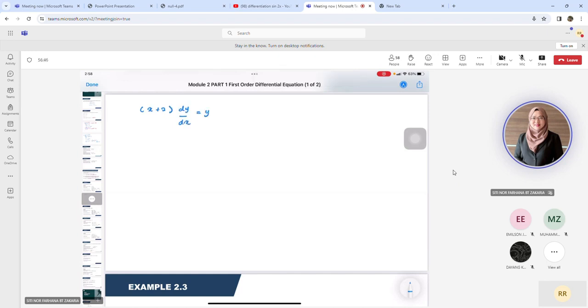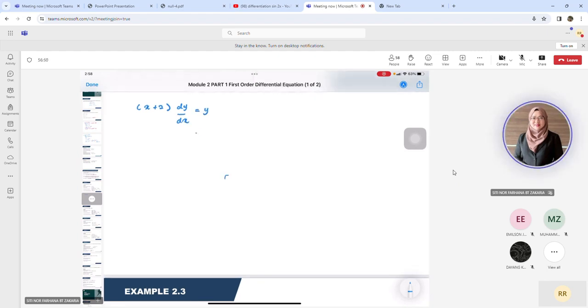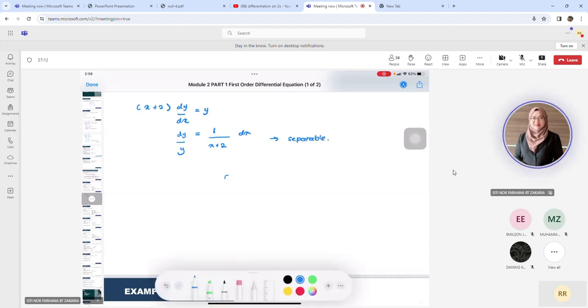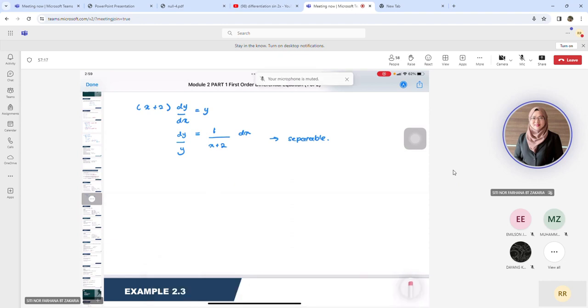So rearrange this equation. 1 over x plus 2 dx. This one will be dy over y. So this is separable, right? So we can use separable method to find its solution.